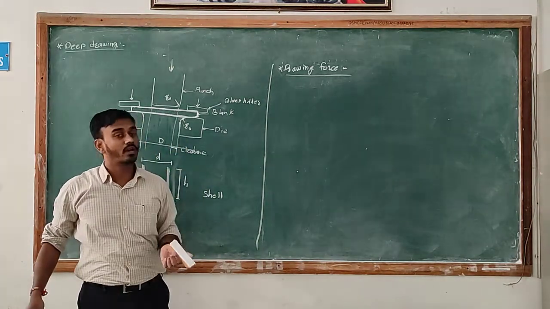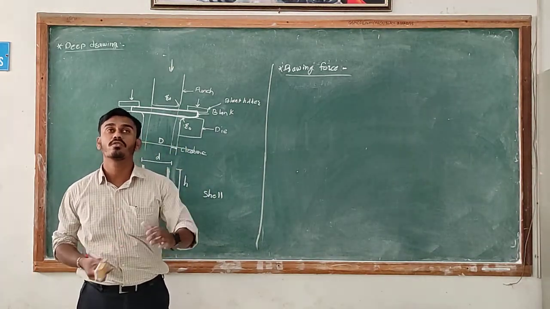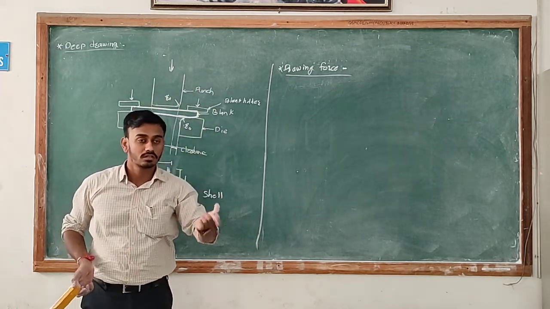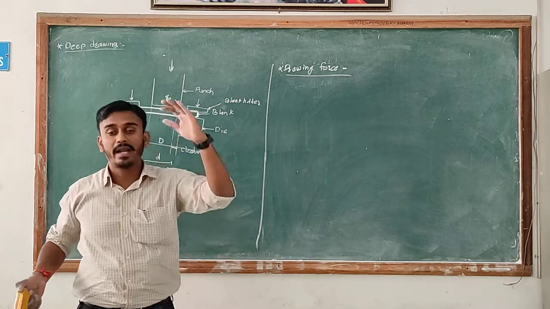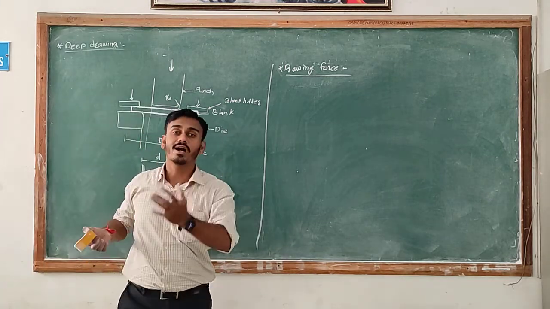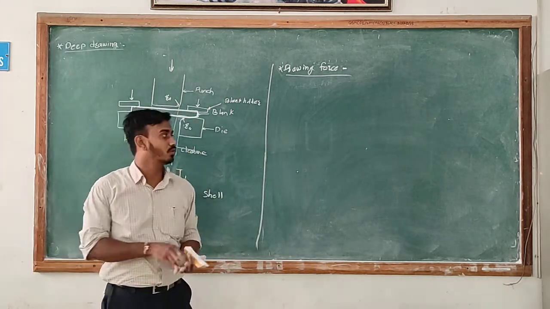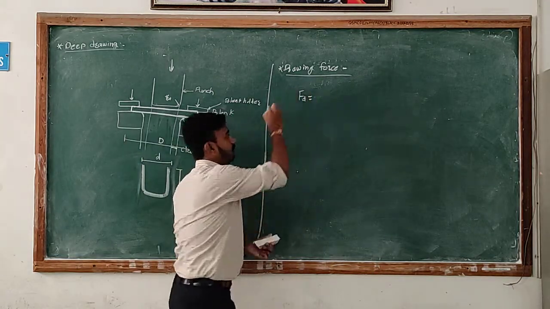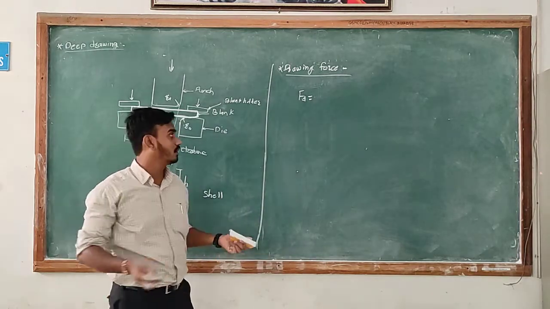So what is the drawing force? It is the amount of force that should be applied on a punch to get a desired output. It is denoted by F_D: F for force, D for drawing.